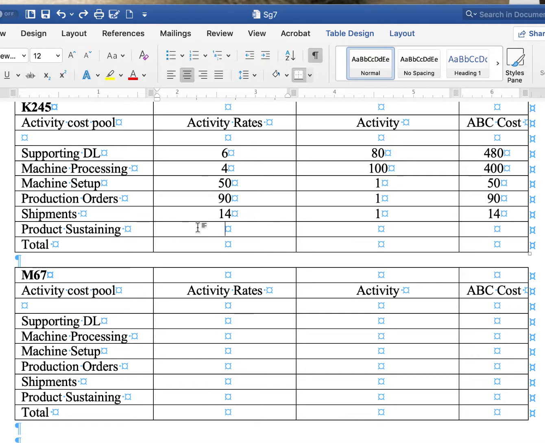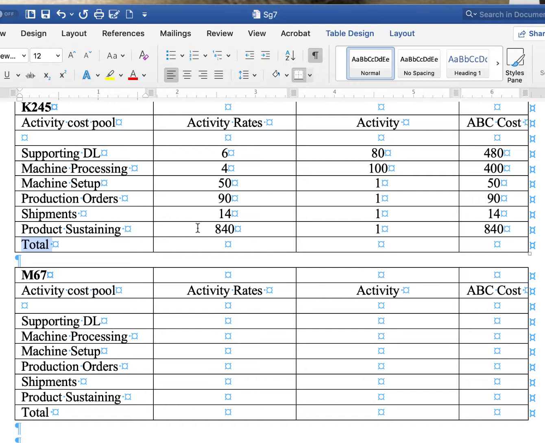I know that the product sustaining cost pool has an activity rate of $840 per product. How many products am I making? Well, one, K425. The chart tells me it's only one product. So I multiply that by 1. That ends up giving me $840.